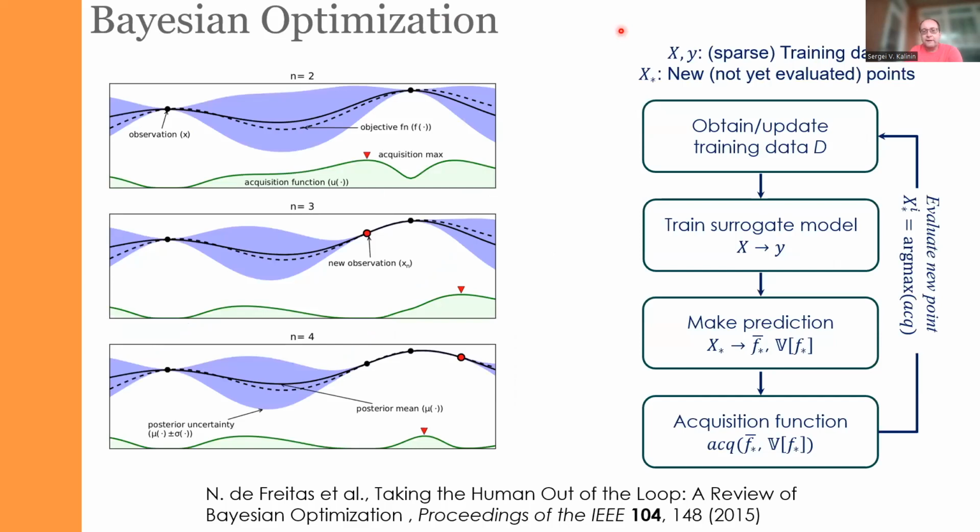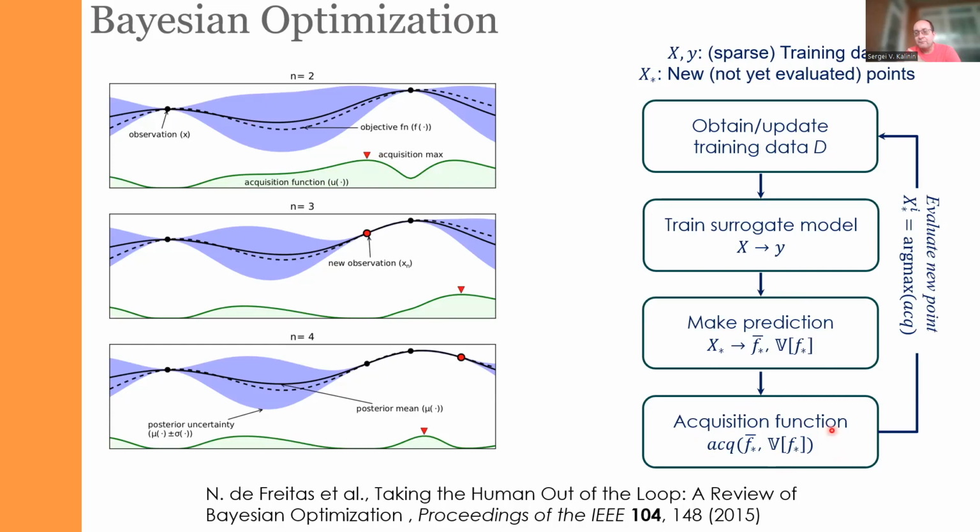And then our full cycle is kind of what is done in the Freitas review. You start with the measurements, you reconstruct the function and uncertainty, and you combine them in the acquisition function, which balances exploration and exploitation.